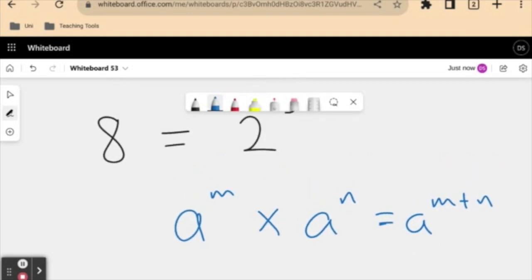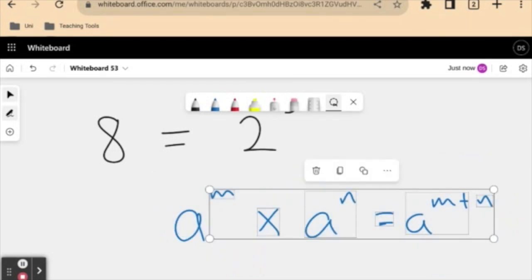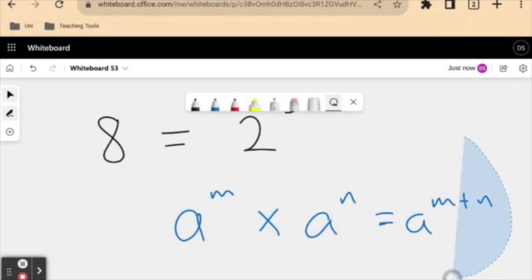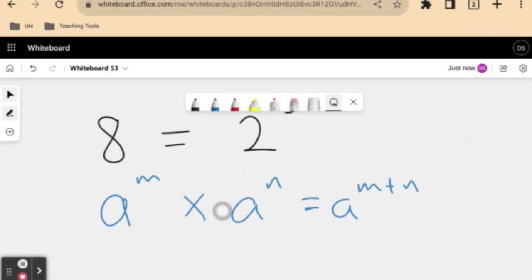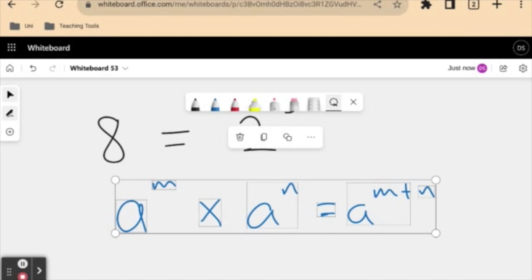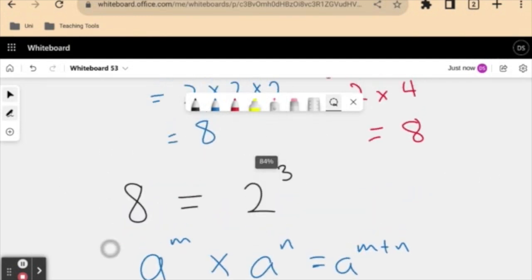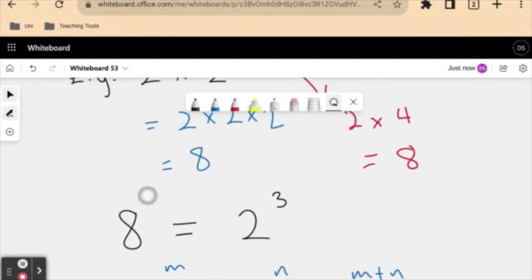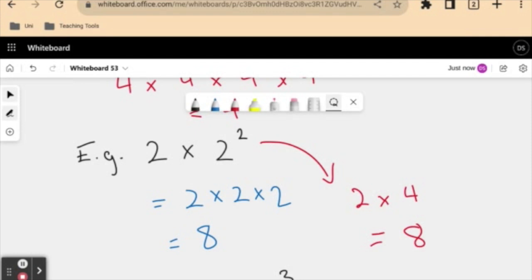Now let's actually verify that. Let's look at what happened in each of these cases. Any number can be represented as itself to the power of 1.